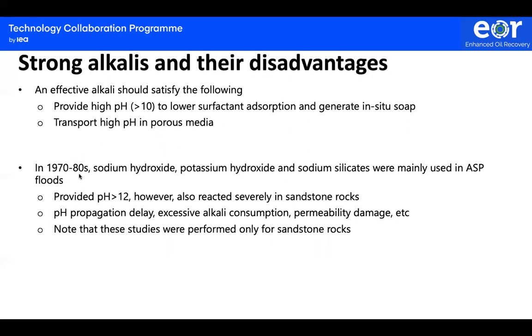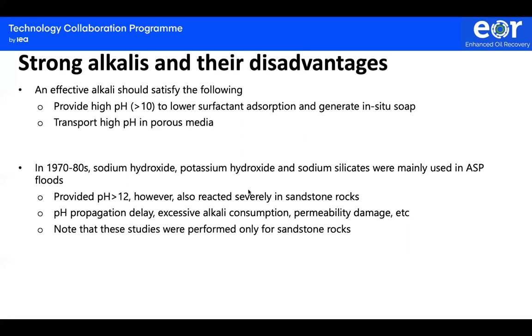Now, in the 1970s and 80s, most of the alkalis that were studied were fairly strong alkalis, such as sodium hydroxide, potassium hydroxide, and sodium silicate. These alkalis provide a very high pH, more than 12, in some cases 13, and as a result these alkalis undergo excessive reactions with the rock.